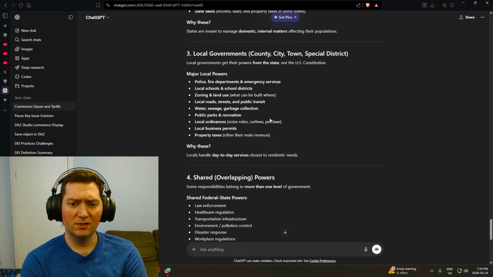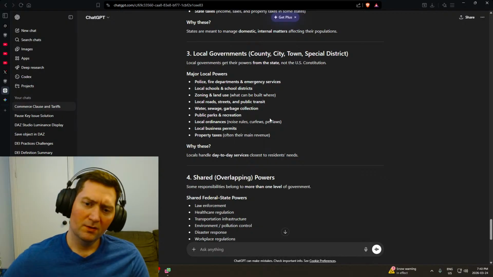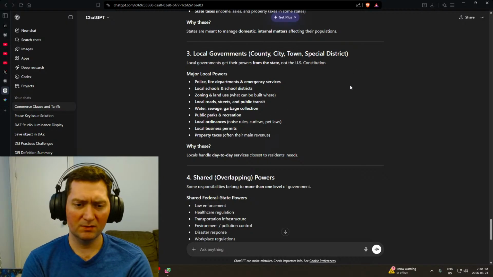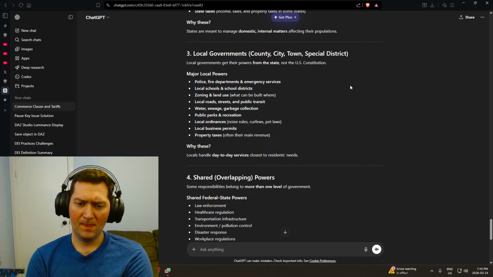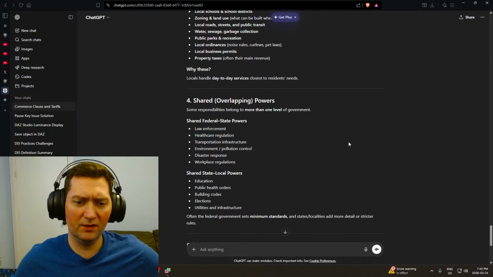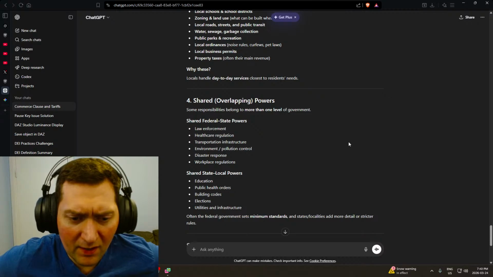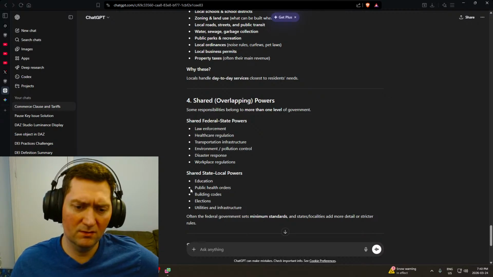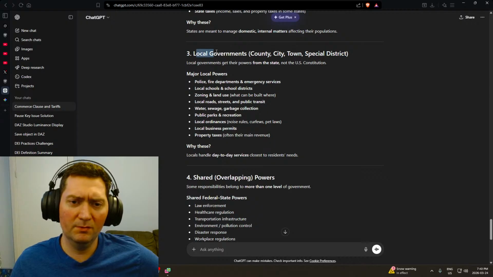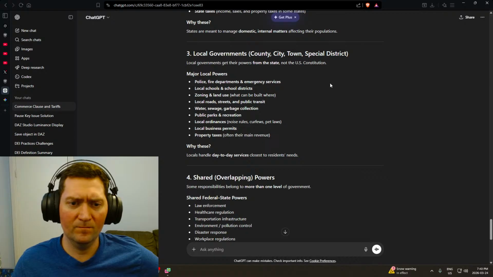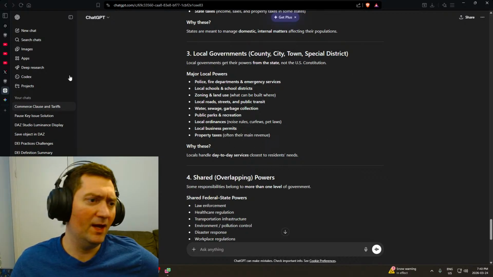Local ordinances, noise rules, curfews, pet laws, local business permits, property taxes. Okay, and there's a lot of shared or overlapping powers, such as law enforcement, healthcare, transportation, environment, disaster response, workplace regulation. Okay, well, we're going to learn a bit more about the local governments next, and how that system works.